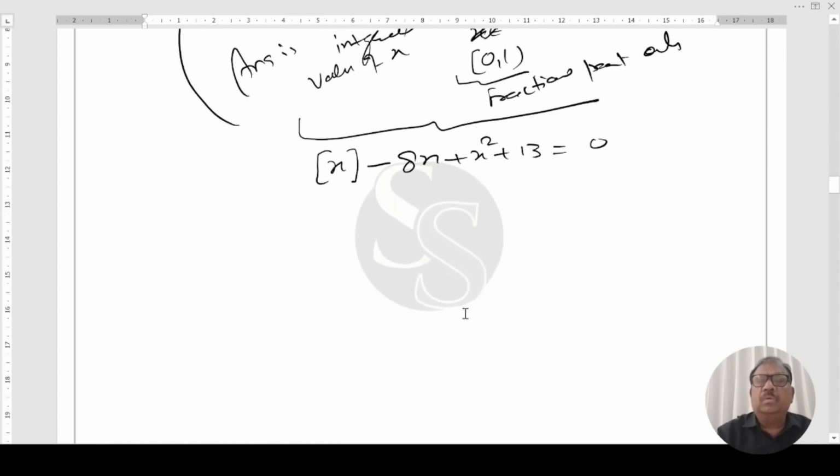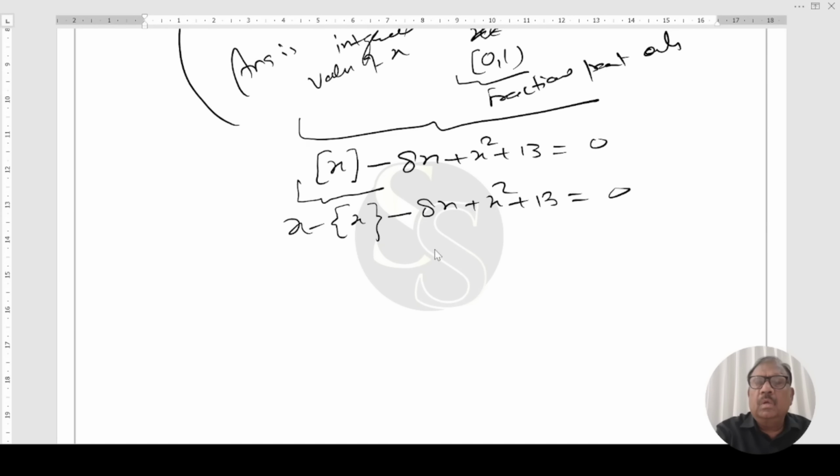Now, at this place replacing [x] with x minus fractional part function: x minus {x} minus 8x plus x square plus 13 equal to 0. On simplification, we get x square minus 7x plus 13 equal to the fractional part function.